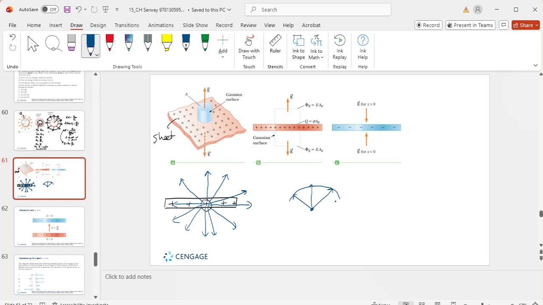At this distance r, the field is going to be identical in magnitude, but this field line has a horizontal component here, this field line has a horizontal component here, and these two horizontal components will cancel, and I'll be left with the vertical components. And so I'm only going to get field in the vertical direction with a sheet of charge as a result.